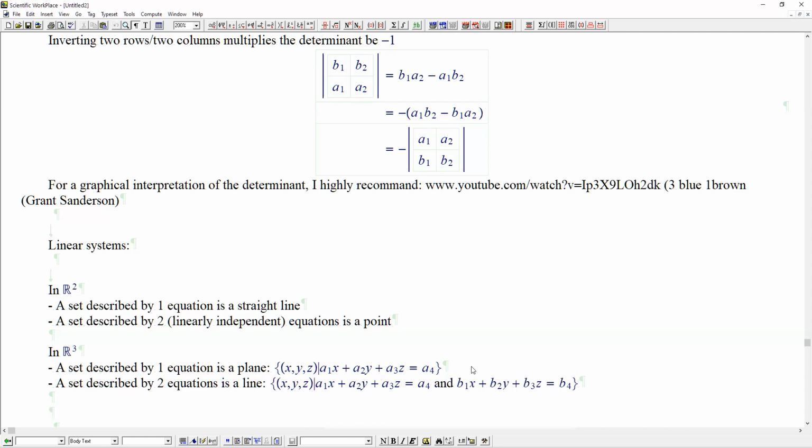So here I have 2. So you see that the more equations I have, the more constraints I have. A plane means I can have a lot of leeway in choosing X, Y, and Z, anything that fits in the plane.